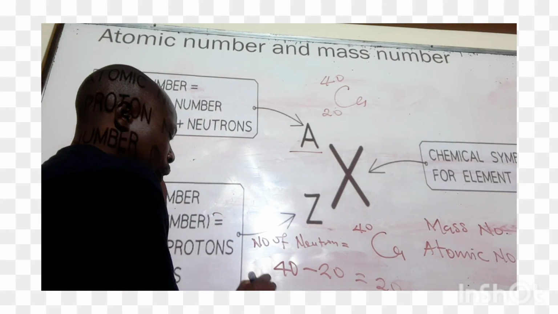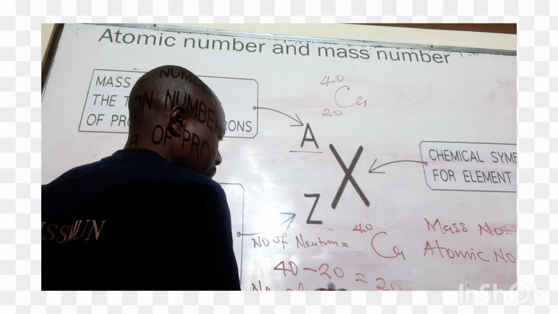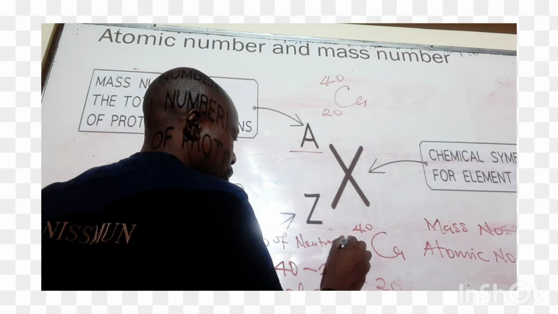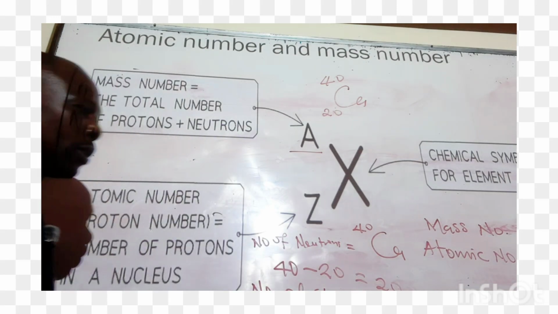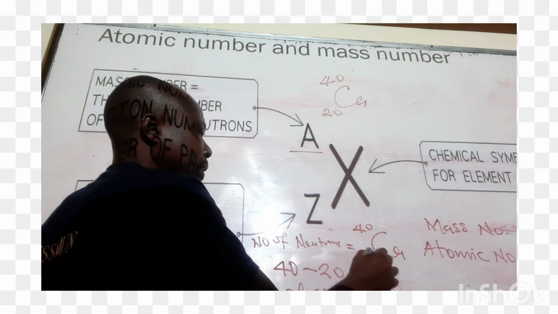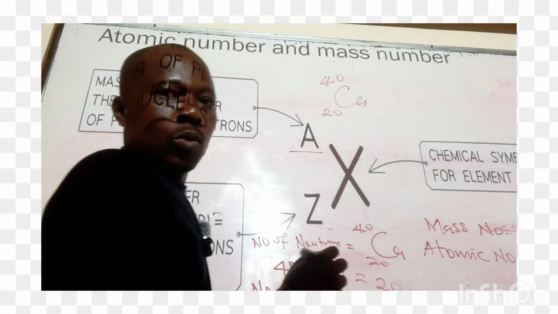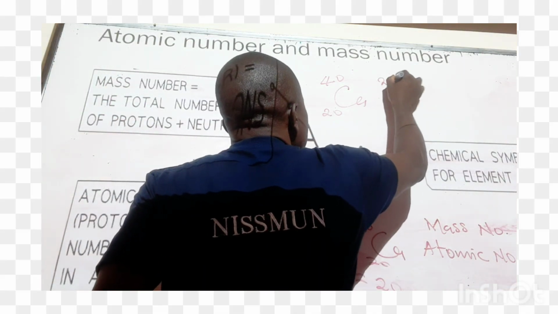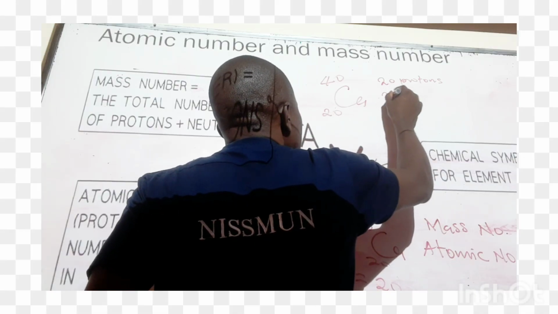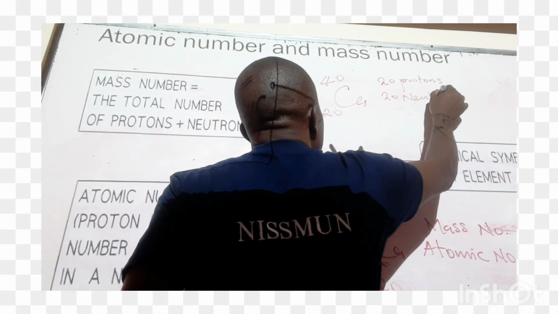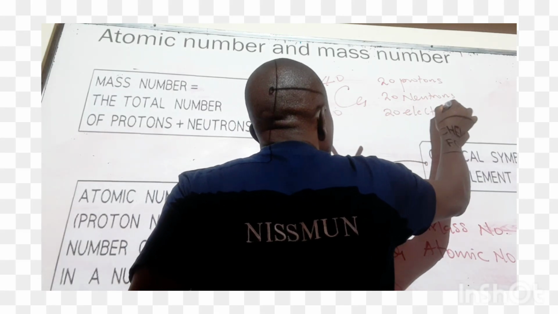Now, the number of electrons equals the number of protons, which is 20. So this calcium atom contains 20 protons, 20 neutrons, and 20 electrons.